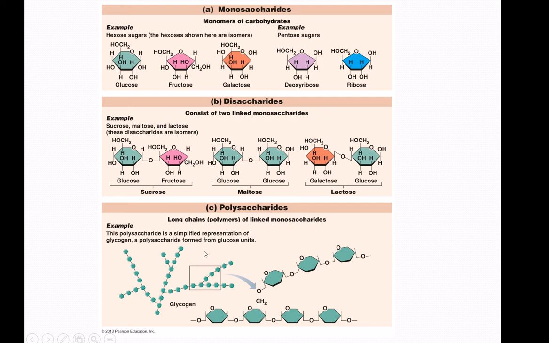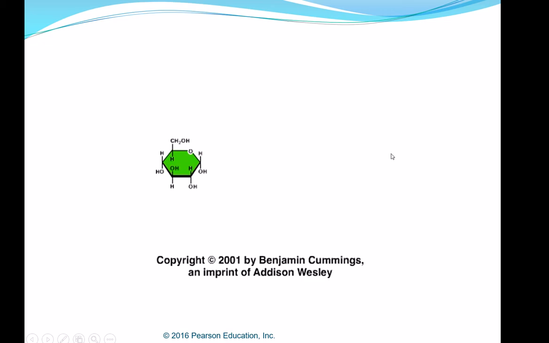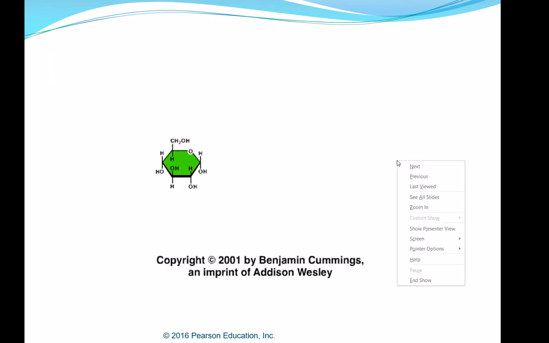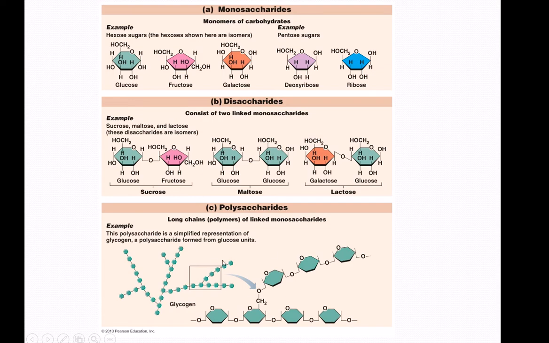You can see it's this kind of branched one. In the liver, when the liver takes up lots of glucose, it will take all the little glucose subunits and turn them into glycogen for storage so that we have it available later.